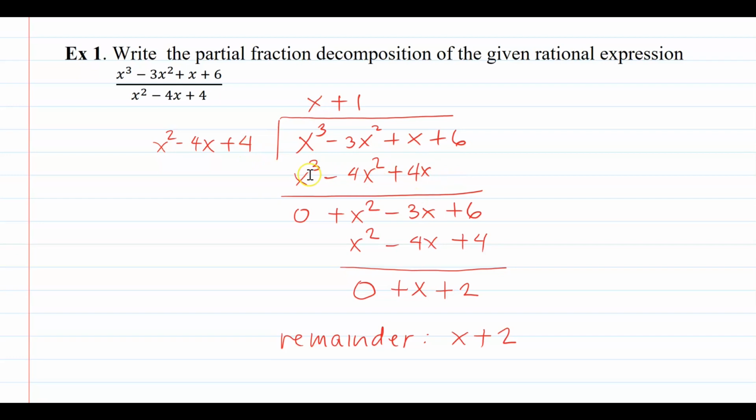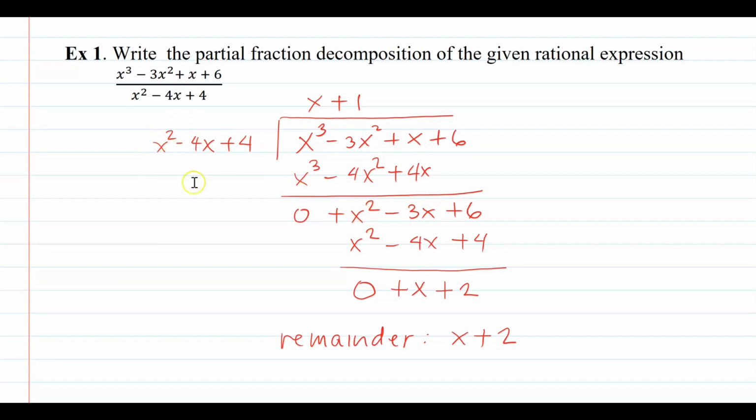Now subtract this result from the previous line. So x cubed minus x cubed is 0. Negative 3x squared minus negative 4x squared is positive x squared. x minus 4x is negative 3x, and then bring down the 6. Continue the process by dividing the leading term of this result by the leading term of the divisor.